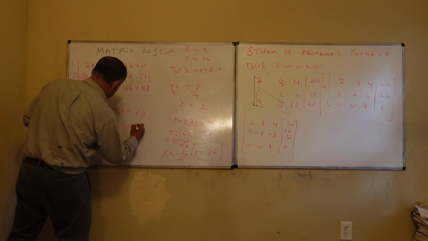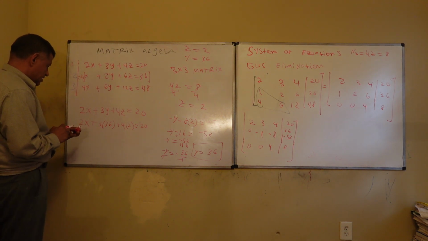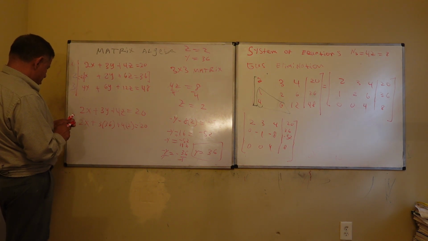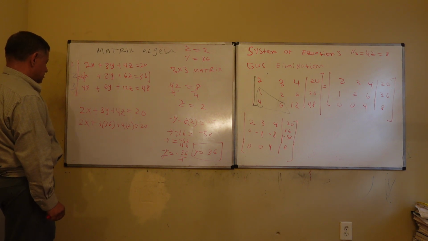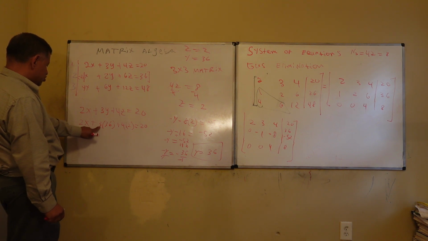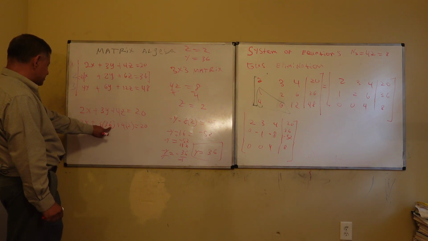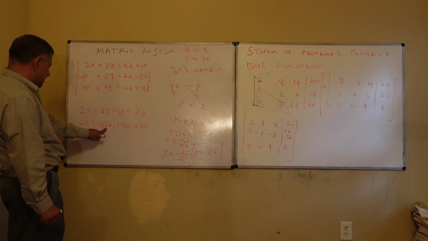Is equal to 20. Okay, so right here you have 18, carry 1, and then that is 9, but you carry the 1.